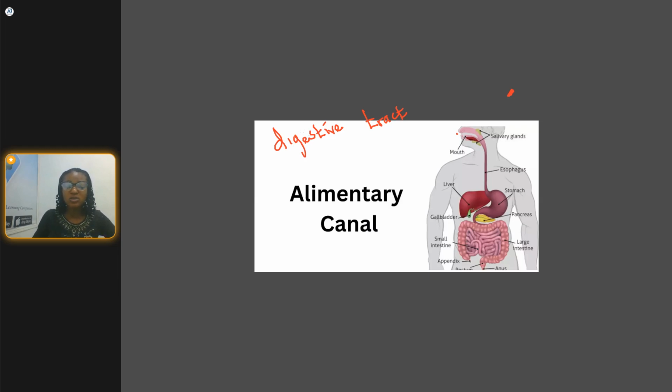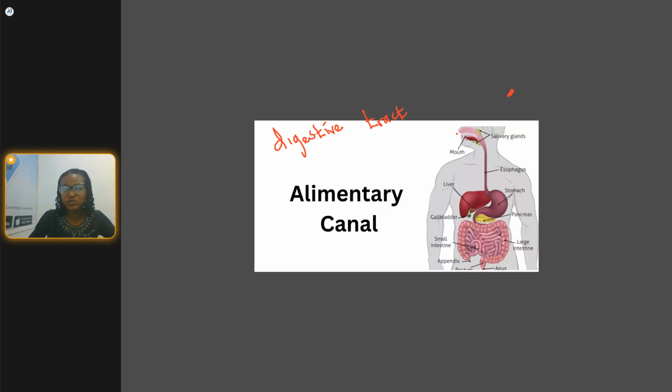All right, so it is responsible for the digestion and absorption of food. That is the function of the alimentary canal. It is responsible for digestion and for absorption of food, as you cannot digest food without taking it in first, which is via the mouth.